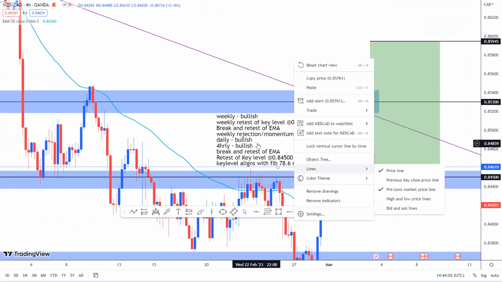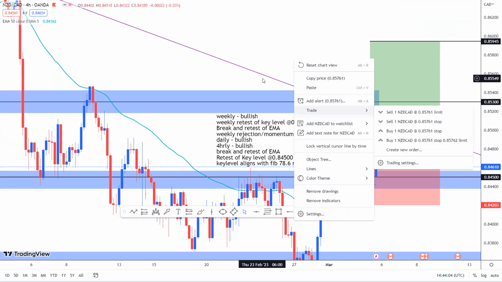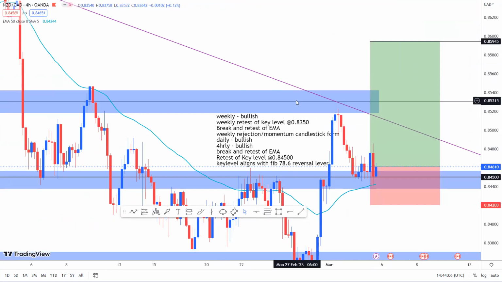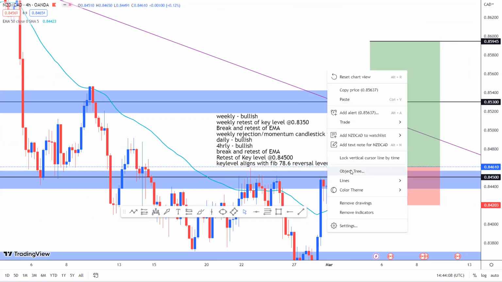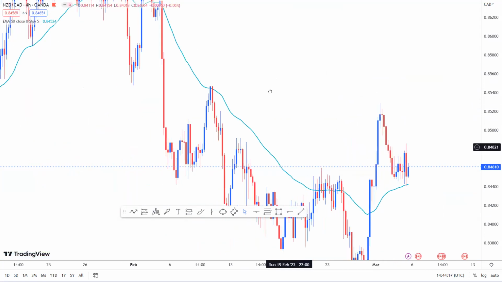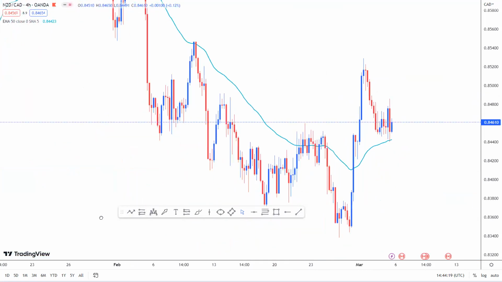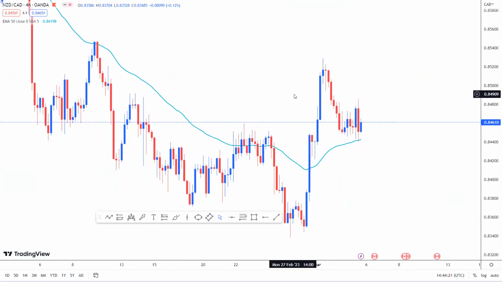It's Sunday already, and a few hours from now the market will be opening. So I quickly want to drop this free trade idea or setup very clearly on NZD CAD.